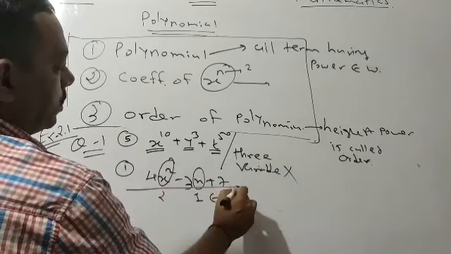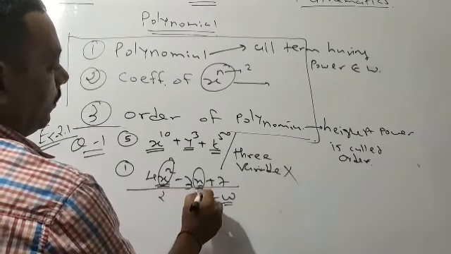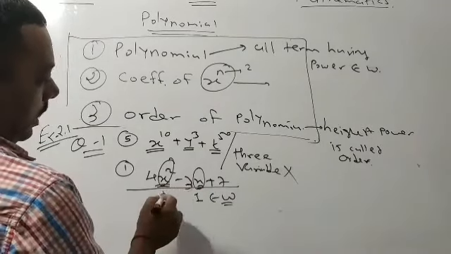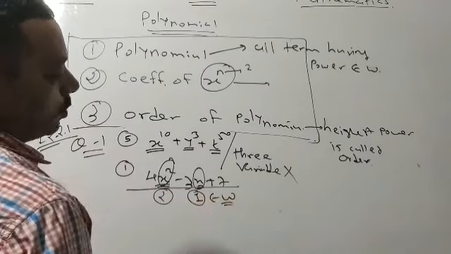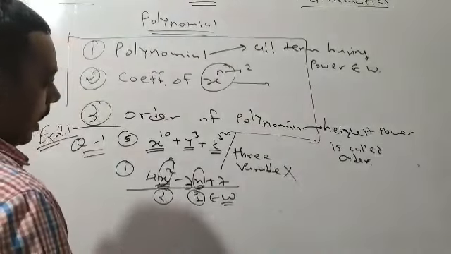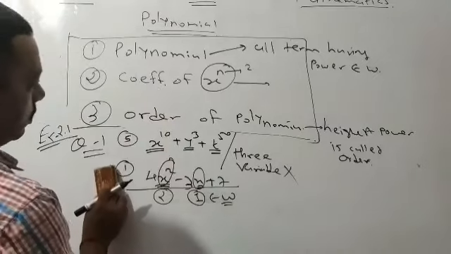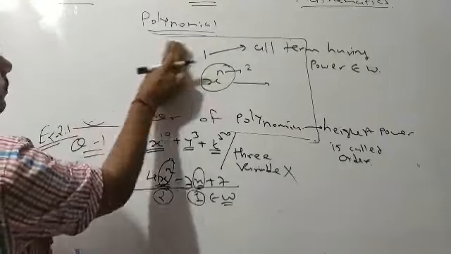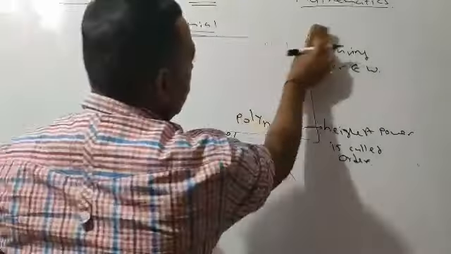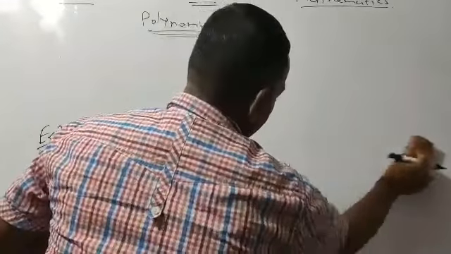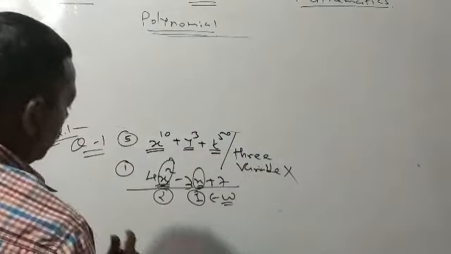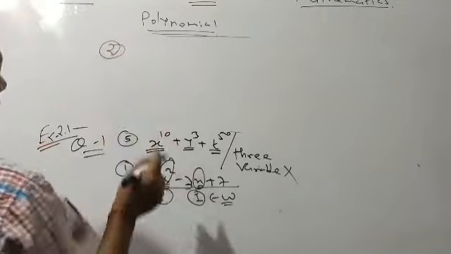So this expression contains only one variable x as well as the power belongs to whole numbers. That's why this is also a polynomial. Now we will go with the remaining three questions, that is question number 2, question number 3, question number 4.